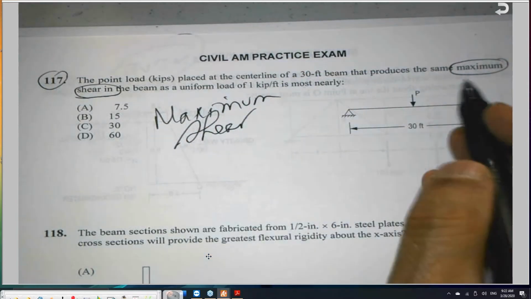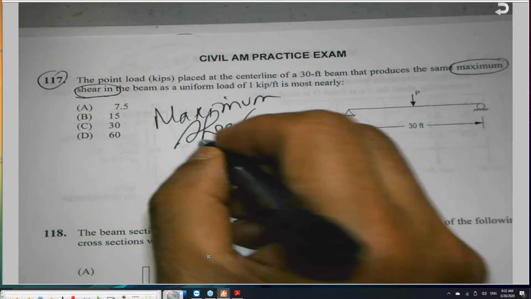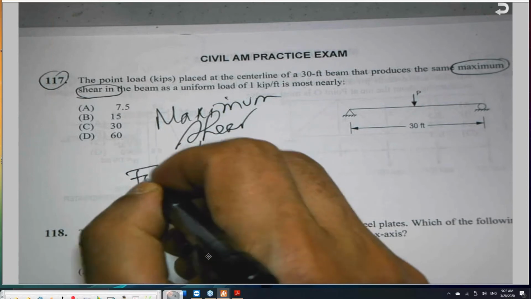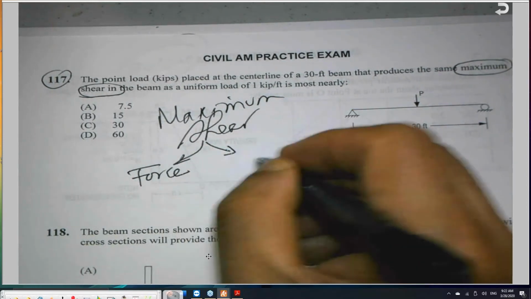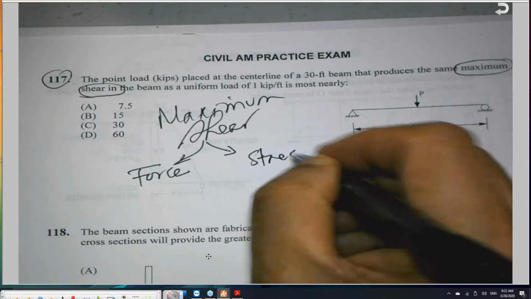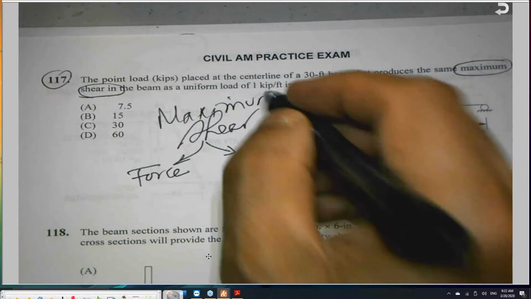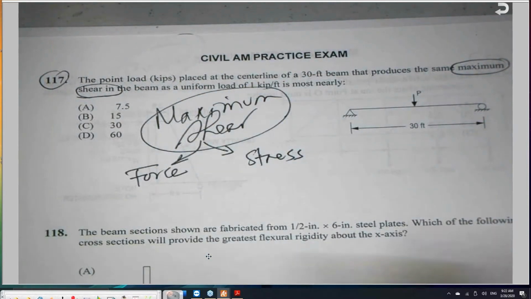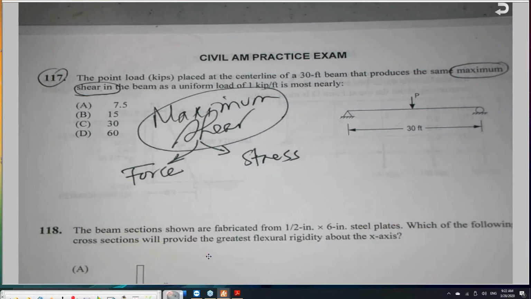The word maximum shear here could be maximum shear force or maximum shear stress. Be careful with the language. Here he said the maximum shear in the beam under uniform load.